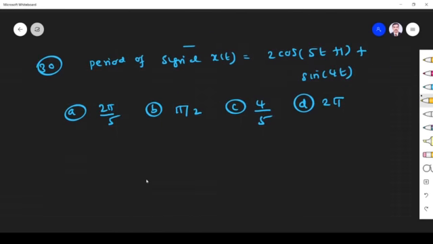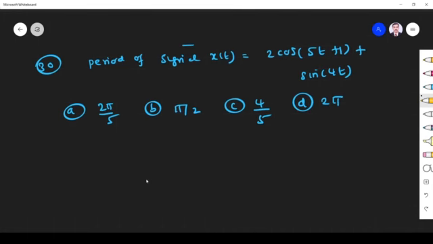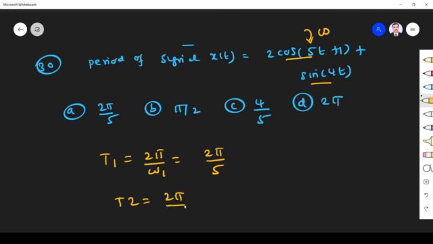Next question is, what is the period of the signal x of t equal to 2 cos 5t plus sin 4t? For this we have to take the period of each individual signal. Period is given by 2 pi by omega. So T1 is 2 pi by 5, and T2 is 2 pi by 4, that is pi by 2.